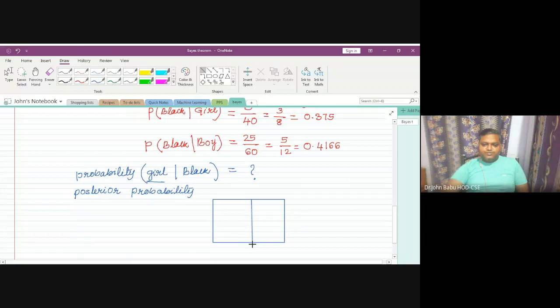Just hold on for two minutes. The same example, let us write in terms of A and B.